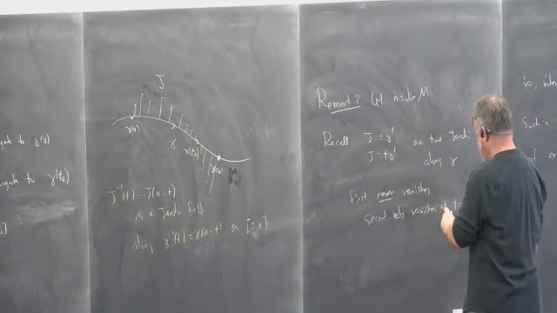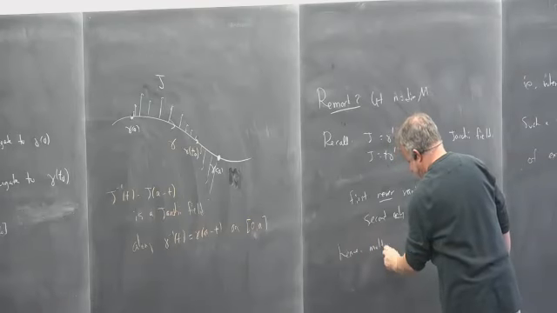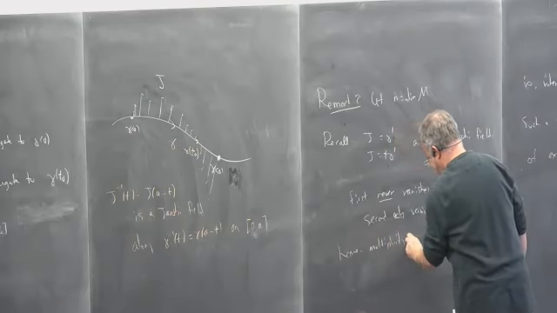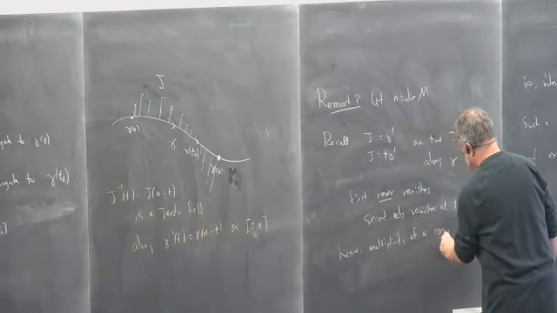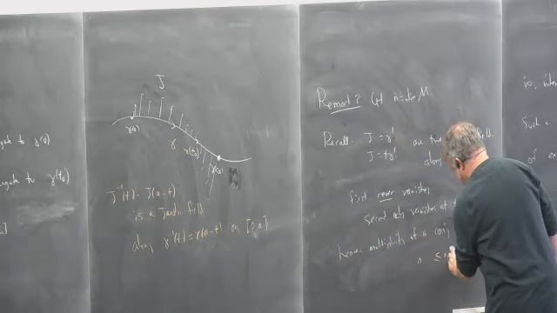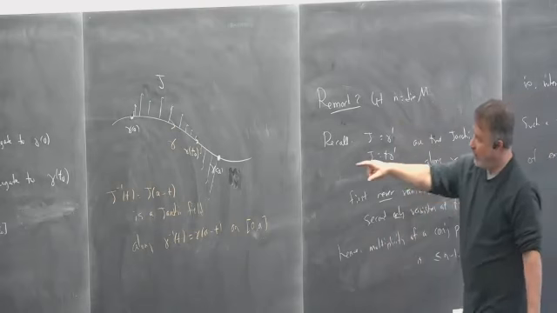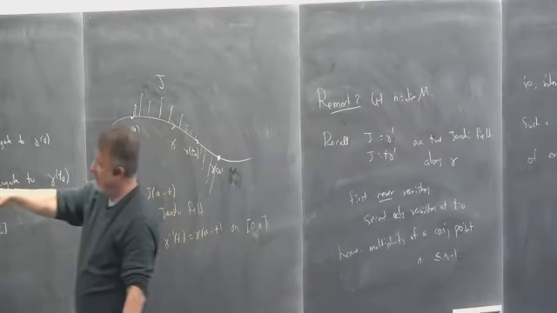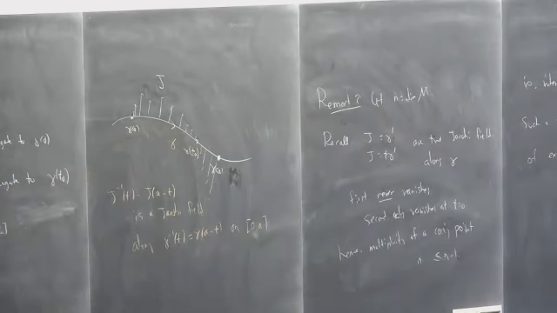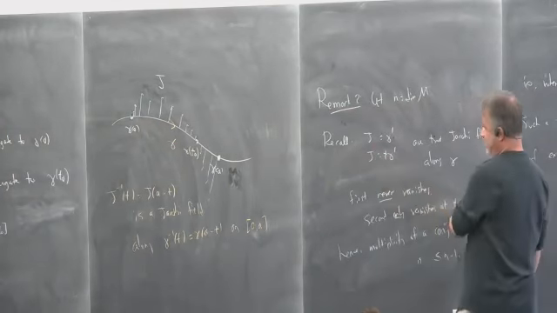I'll get your question in a second, Amanda. So hence, the multiplicity of a conjugate point is less than or equal to n minus 1. Okay, because we want a Jacobi field which vanishes at time 0, and we know that the space of these, where we're fixing the initial value but not the initial velocity, is n dimensional, and there's already one in there which will never vanish after time 0.